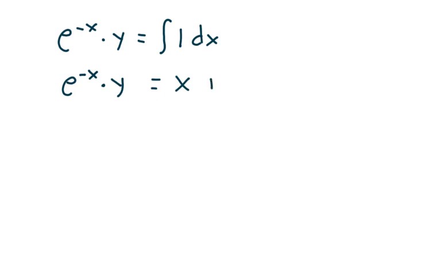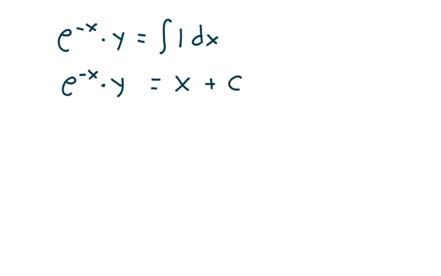So e^(-x) times y is equal to the integral of 1 dx. Now, what's the function whose derivative is 1? That's what we're doing. Well, that's x + c, right?